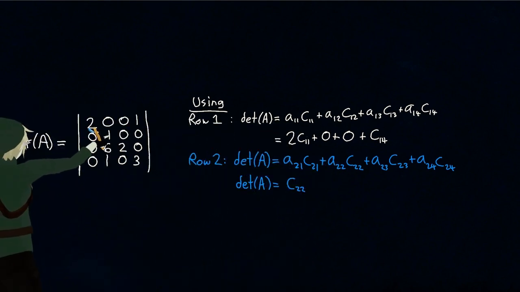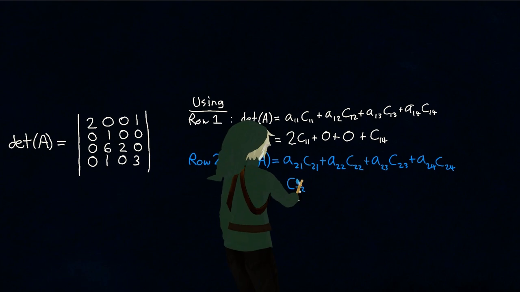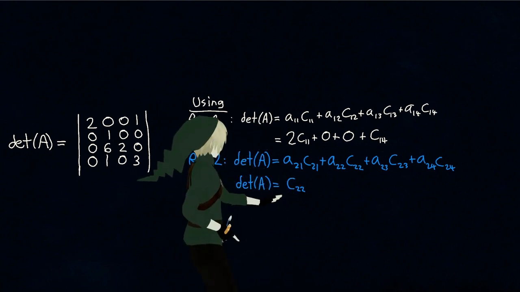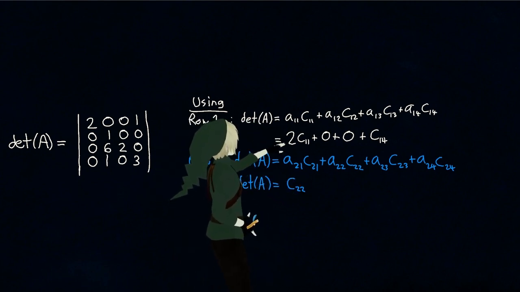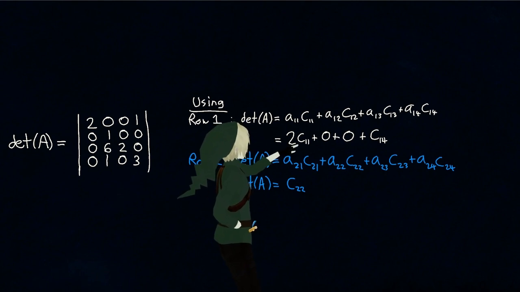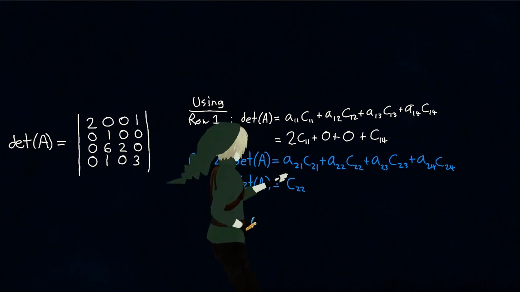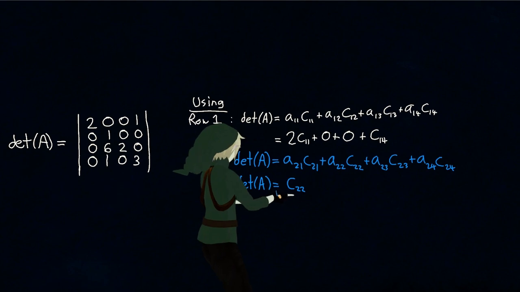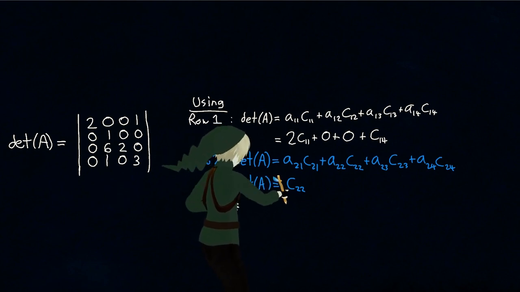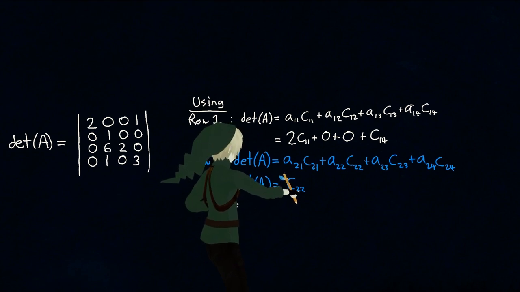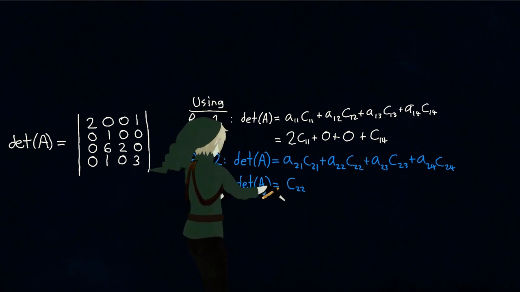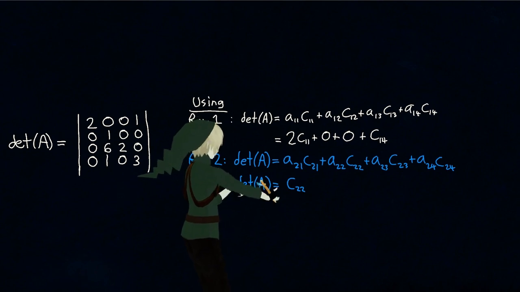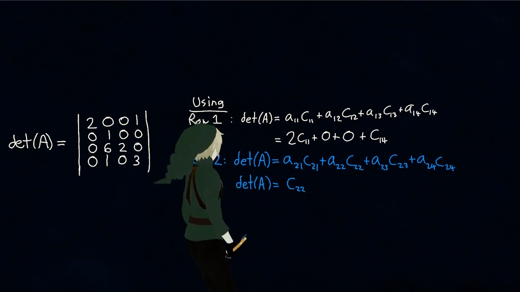And so the determinant of A, instead of computing this, where we have 2 times cofactor of 1, 1 plus cofactor of 1, 4, we have the cofactor of 2, 2 instead. That's it. So our determinant of A is just the cofactor of 2, 2.